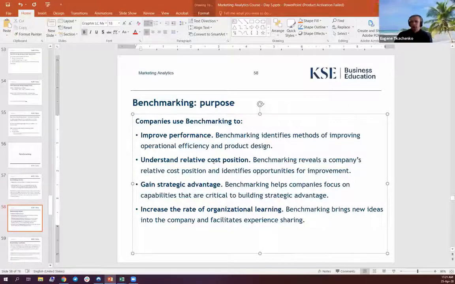So new ideas on how to improve the processes, as well as facilitating experience sharing. Because if you think about manufacturing or retail related operations, these operations require a number of parties interacting with each other at the same time.